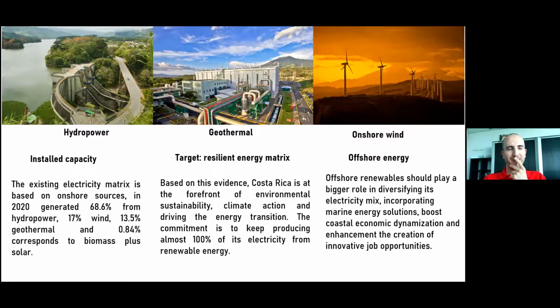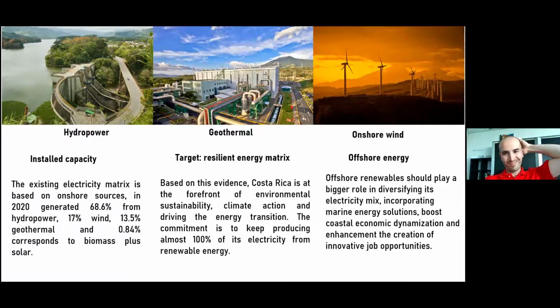Of course, we have very good onshore potential. This is why at this moment we have a very powerful electric matrix, with a connected grid around the country.